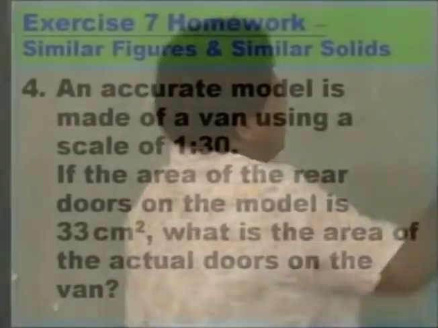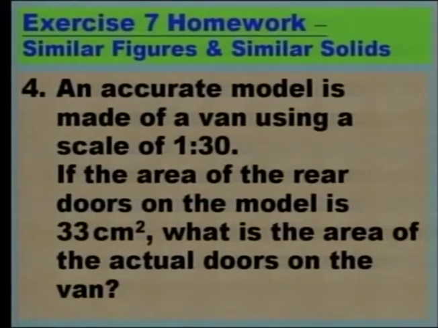Now, the scale is 1:30. That's the scale. It says an accurate model is made of a van using a scale of 1:30. If the area of the rear doors on the model is 33 square centimeters. Now, if a scale is written this way, it's usually the scale of the length.